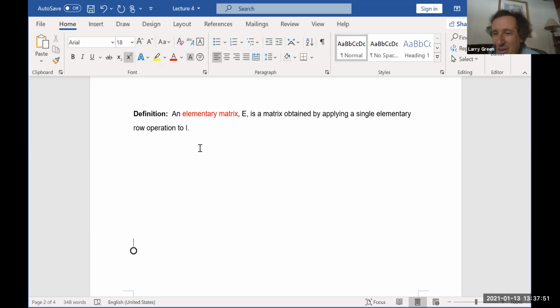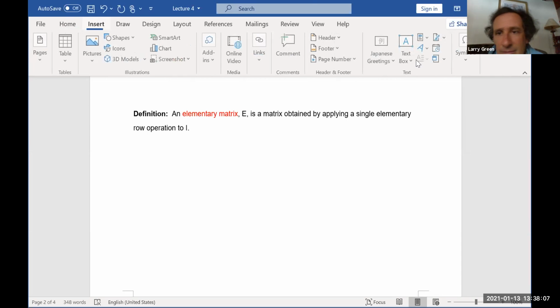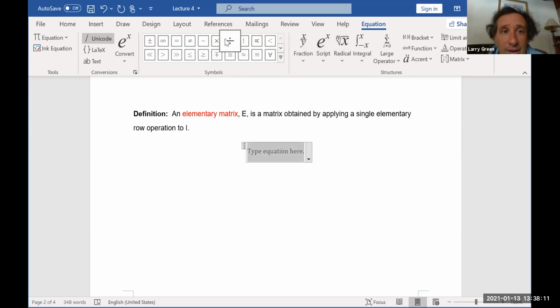That's not allowed in row operations. So the 0 matrix is not an elementary matrix. So let me give you an example. It's kind of boring, but I want to make sure you realize it doesn't have to be 2 by 2. I mean 3 by 3. So an example.